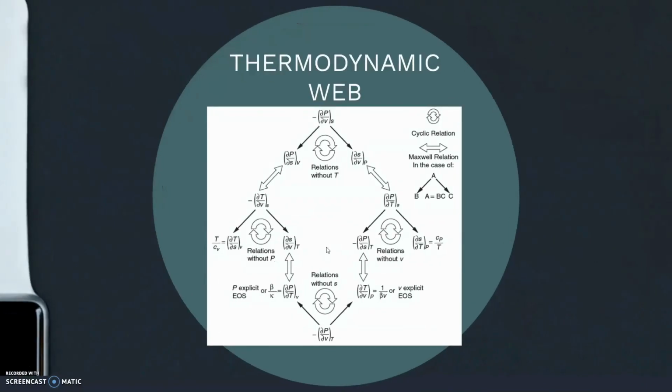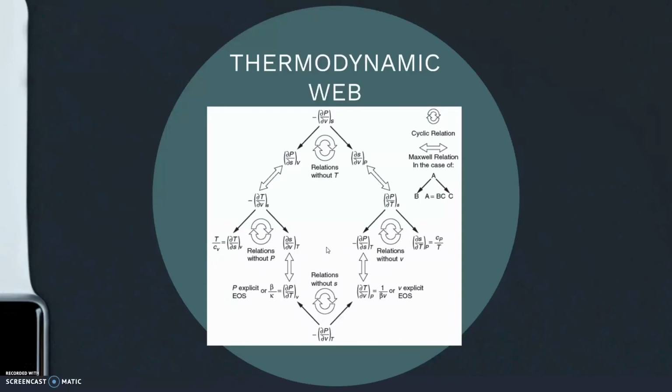The thermodynamic web is as follows. From negative dP over dV at constant S, we go to dP over dS at constant V. This is a cyclic relation, by the way, and it goes into negative dT over dV at constant S, and will be separated as cyclic relations.